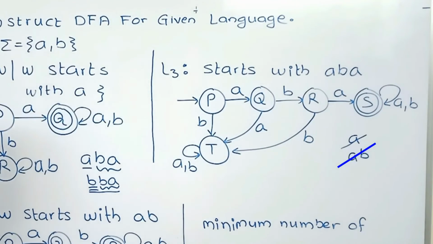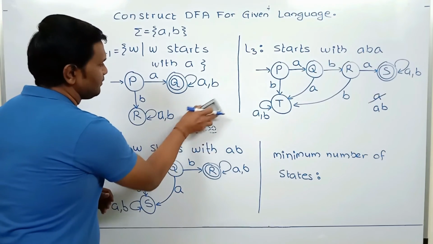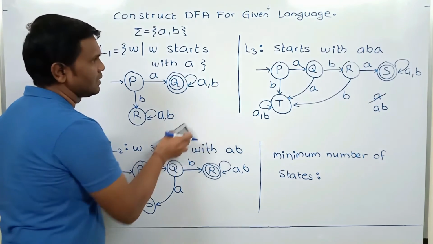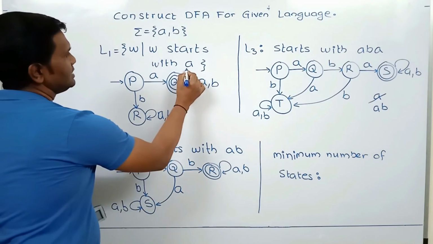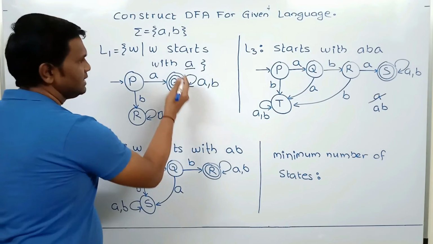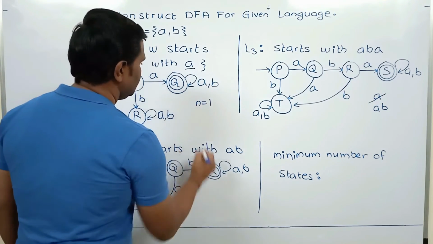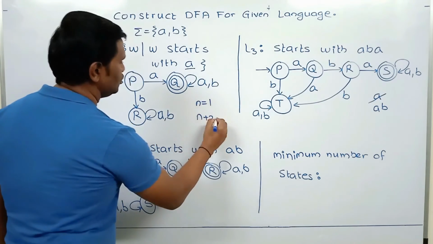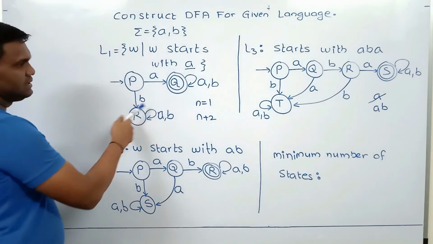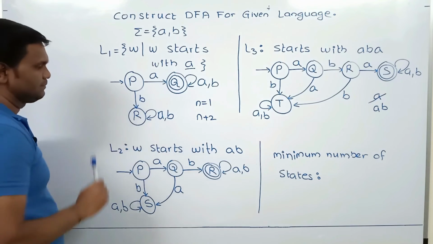Now what about the number of states in the minimal DFA? Here the condition is W starts with A, and the length of A is 1. So with n equal to 1, the number of states is n plus 2. Here we require 1 plus 2, that is 3 states.